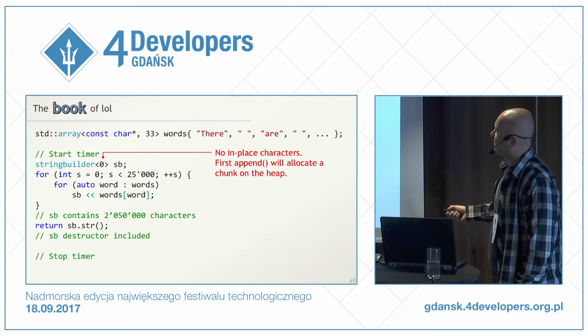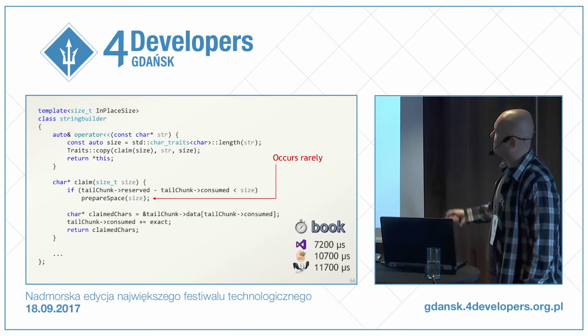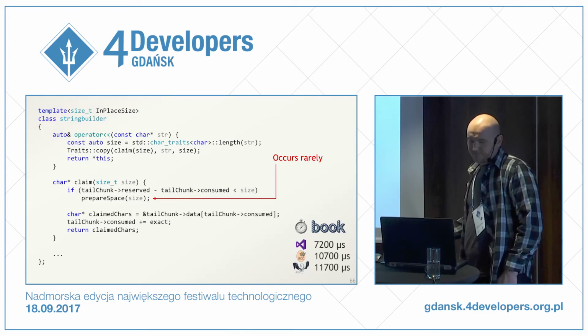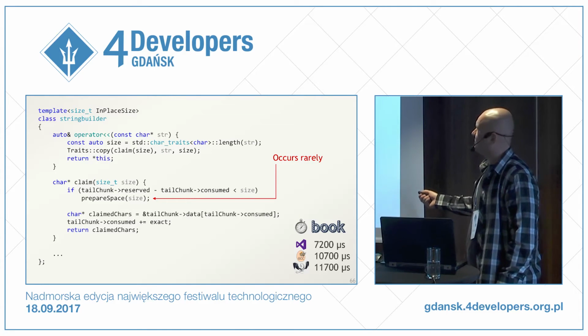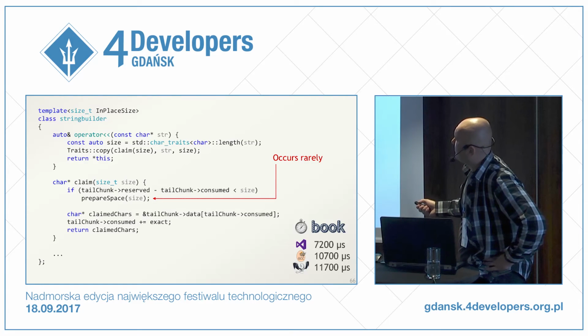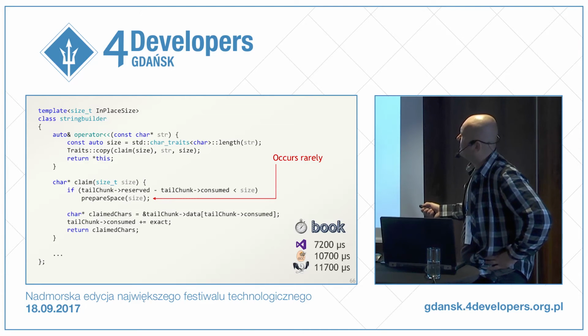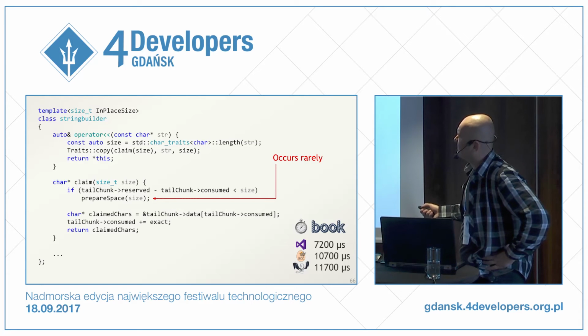Okay, so let's try some implementation of StringBuilder, the simplest one, without all the member functions. We see operator left, which does what we know, length and copy. But destination is determined by the claim member function.